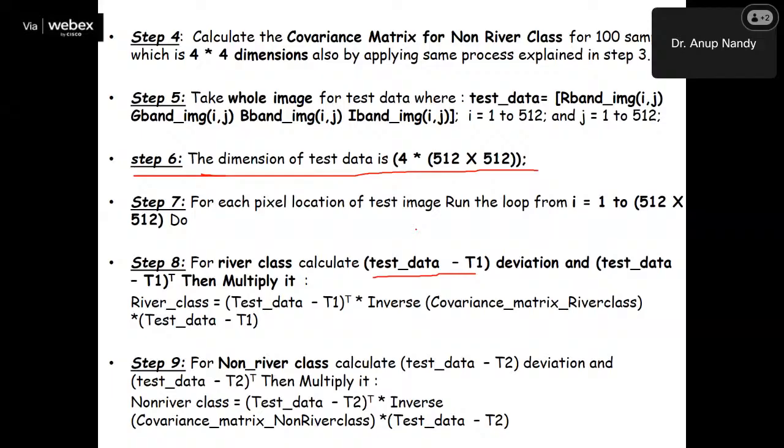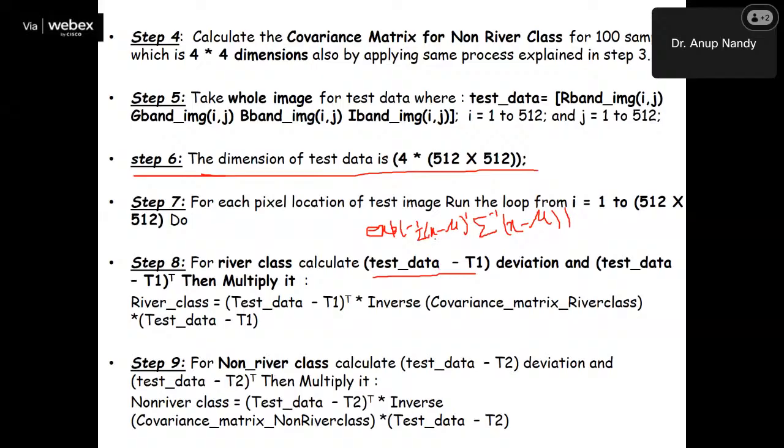Recall the formula of the multivariate Gaussian: there is an exponential term, exp of minus half, x minus mu transpose, sigma inverse, then x minus mu. So that was there.